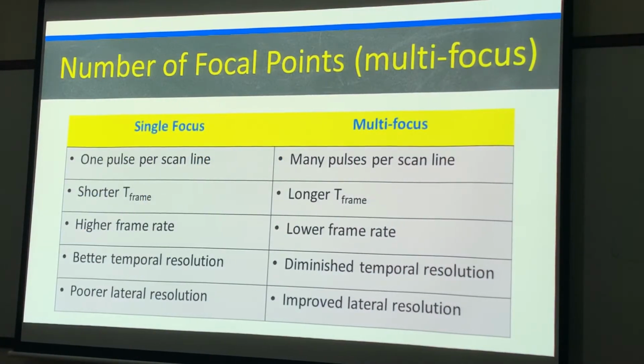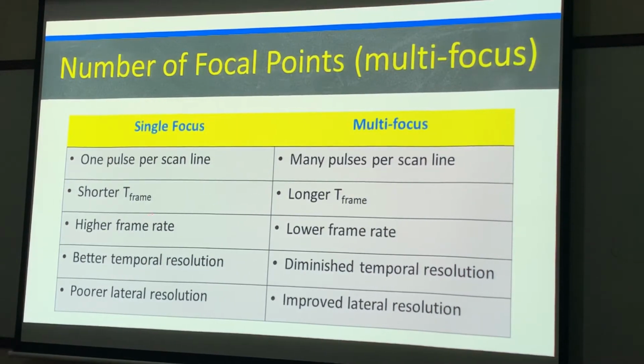So with a single focus, that's 1 pulse per scan line. That's going to have a shorter T-frame. It's going to take less time to create 1 image, because it's only going down 1 scan line and back to the transducer. It's going to have higher frame rates because of that.